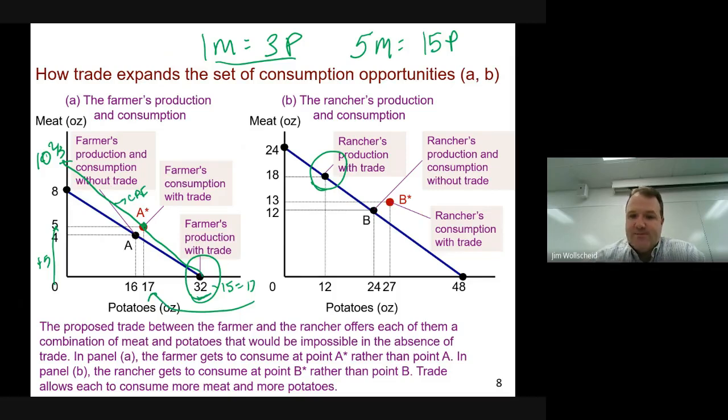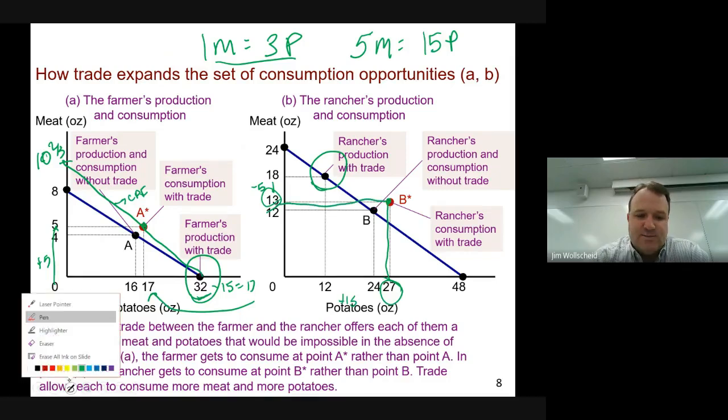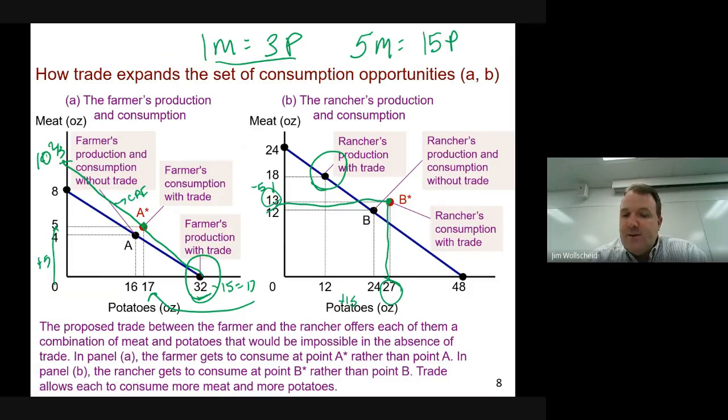Now for the rancher, we did 18 and 12, just picked a point. If we subtract away the 5 meat, that gets us to 13. We add in the 15 potatoes, that gets us to 27. If we were to draw this point, we see it's beyond the production possibilities frontier.